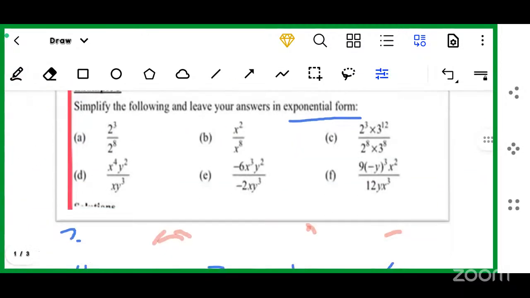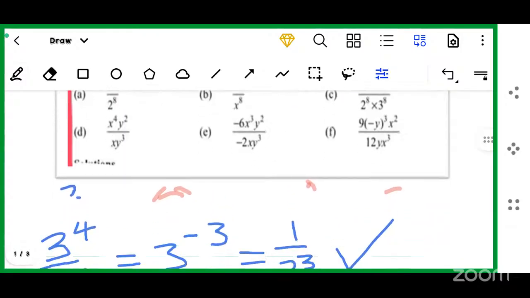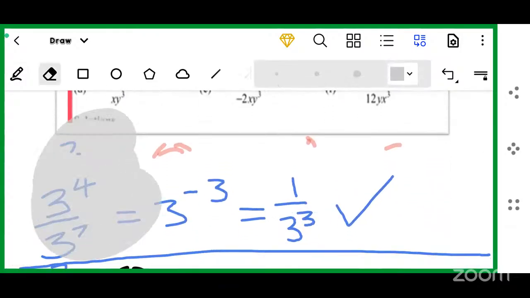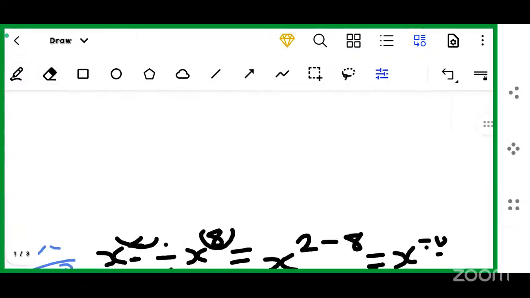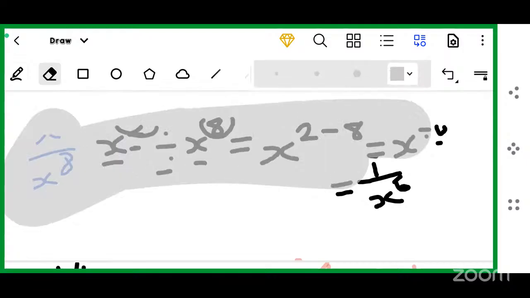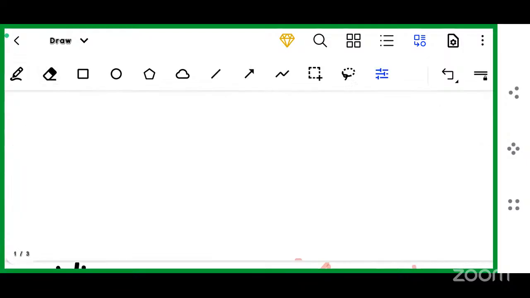So the third one, they're including multiplication now.